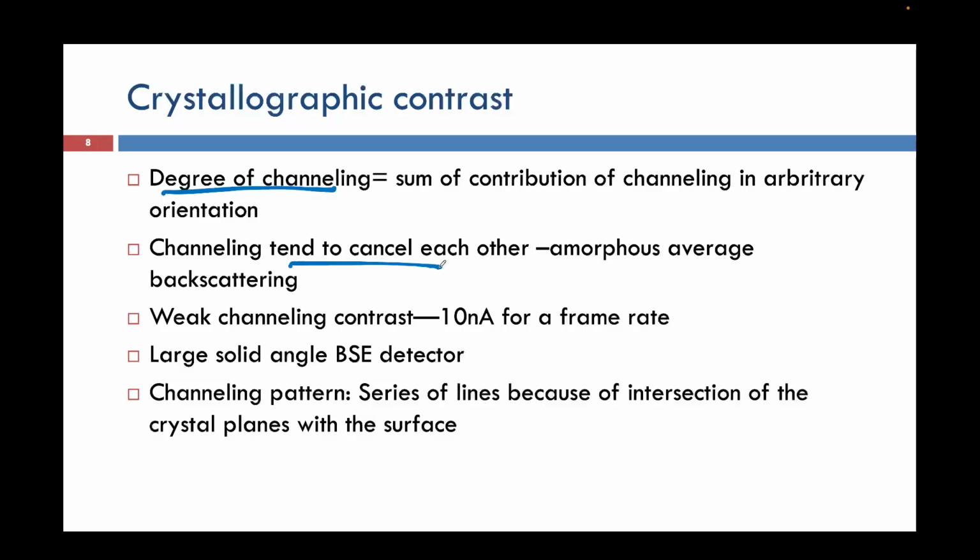The electron channeling contrast is a very weak contrast, because at maximum it gives 5% contrast, as I mentioned before. When we remember the contrast definition, the contrast should be a minimum of 5% for our eyes to detect any distinct features in a microstructure.